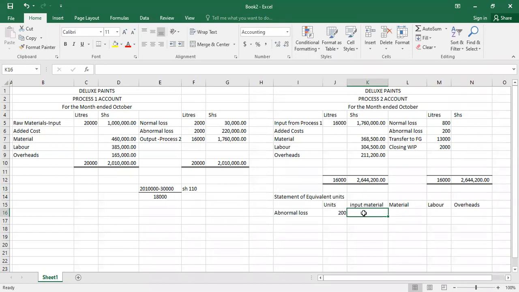It is 100. Input material is always 100. We've been given the previous process cost is 100%, right?